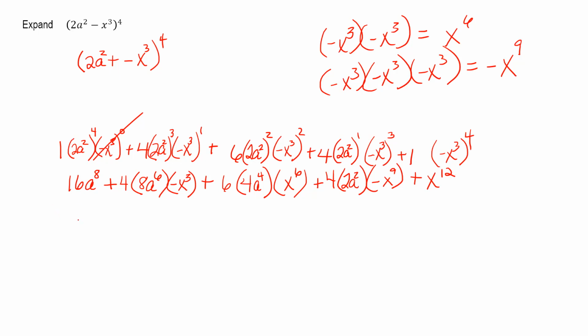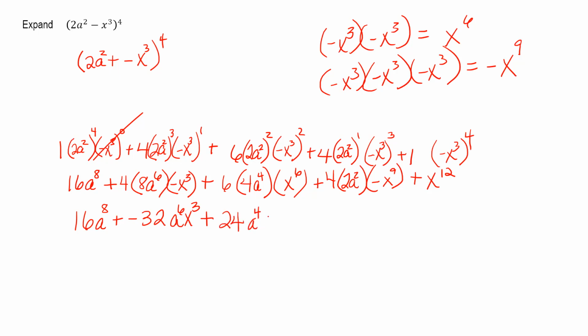All right, and then you just go back and clean it up. 16a to the 8th plus, you've got 4 times a is 32 times negative 1 is negative 32 x cubed. Well, we'll put the a first. Negative 32a to the 6th x cubed. And then here, 6 times 4 is 24.